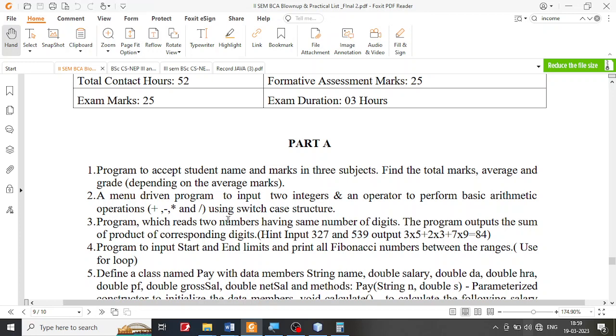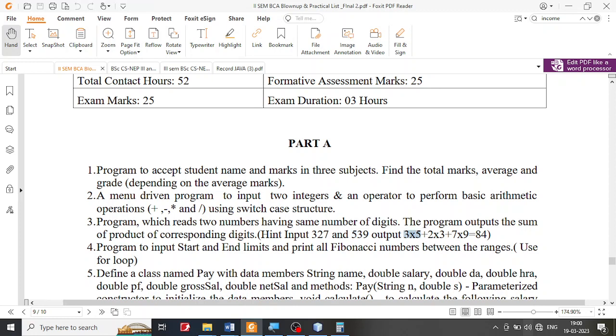So read the two numbers having the same number of digits, then multiply their corresponding digits, and finally sum them up. So what is the meaning of it? Take the first digit from the first number, that is 3. Take the first digit from the second number, that is 5. Multiply them, 5 into 3 or 3 into 5.